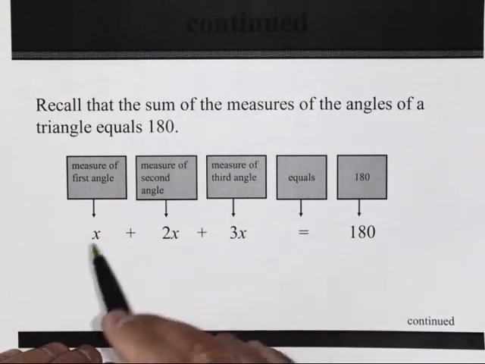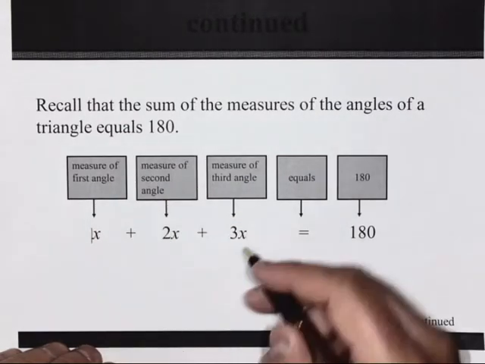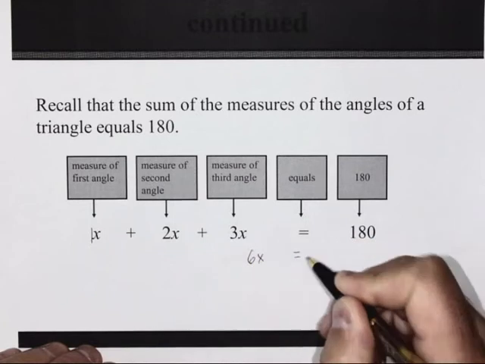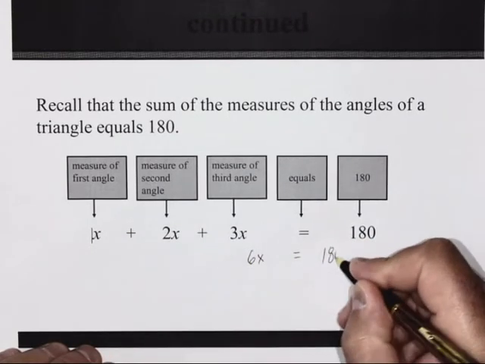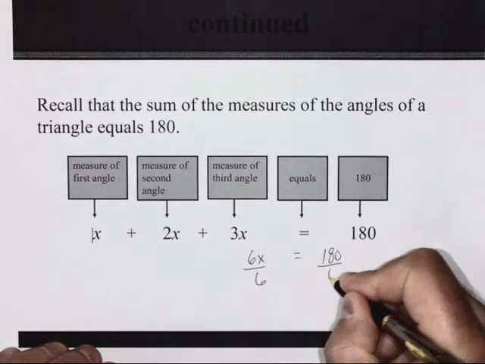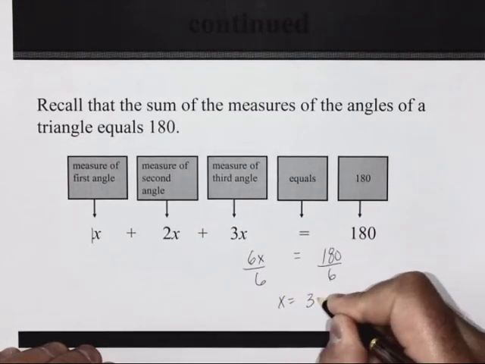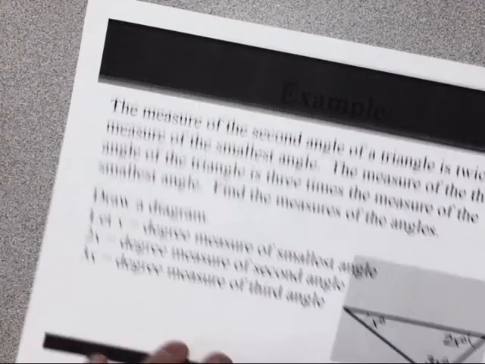So this will be 6x, because these are all like terms and there's a 1 there. That equals 180. Divide by 6, x equals 30. Okay. So now let's go back to our picture that we had.